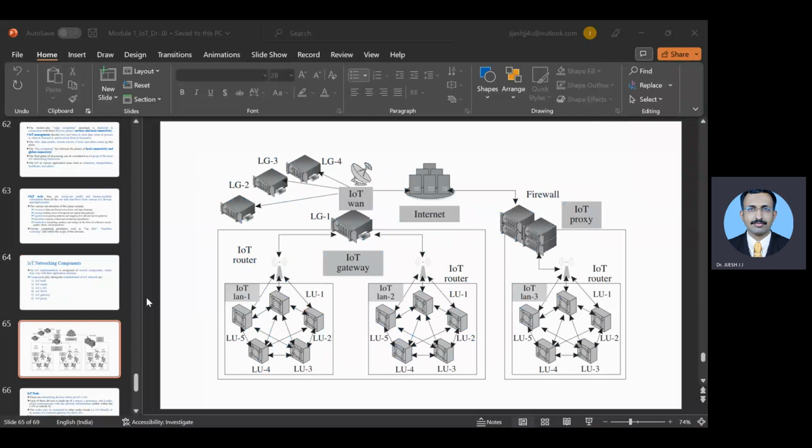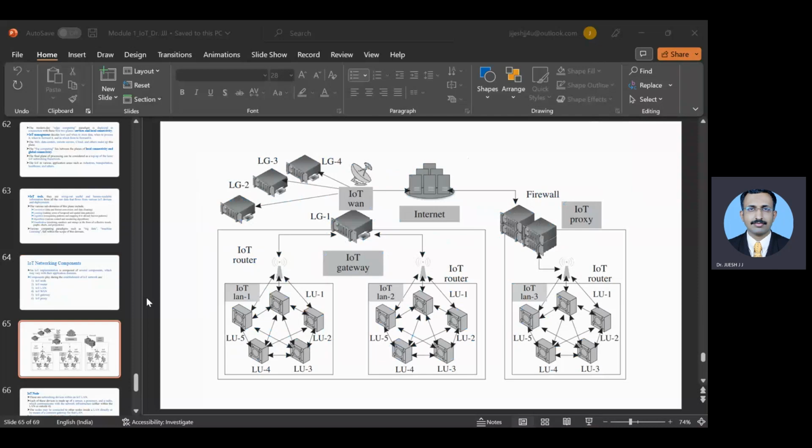If you take the complete institute, for example, SCC, the devices in the EC department, devices in computer science, devices in basic science, everything is connected to each other with the help of LAN. So you can interconnect the devices.